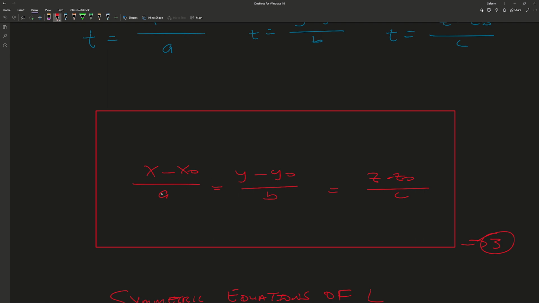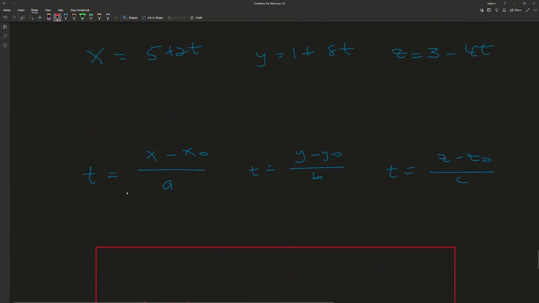So if perhaps a, b, or c is equal to 0, then we can still eliminate t altogether.